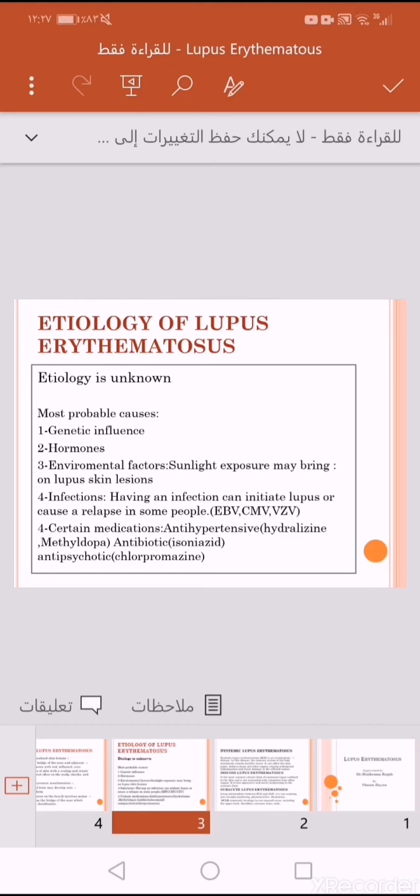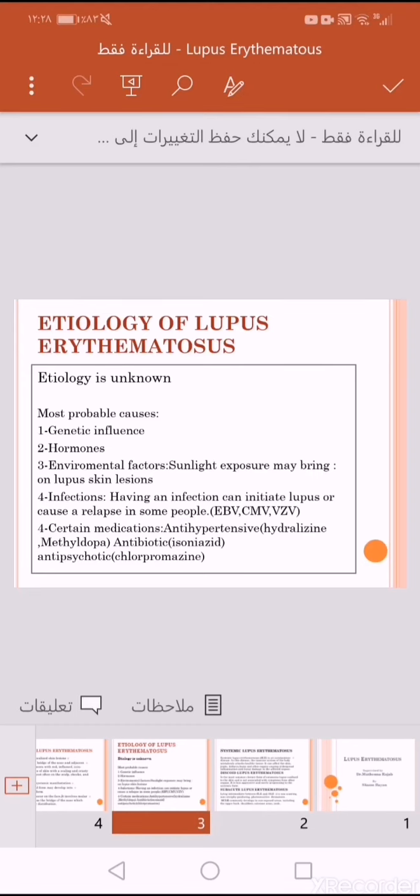Infections: having an infection can initiate lupus or cause a relapse in some people, such as infection with Epstein-Barr virus, cytomegalovirus, and varicella zoster virus, which may increase the risk for developing this type of disease.